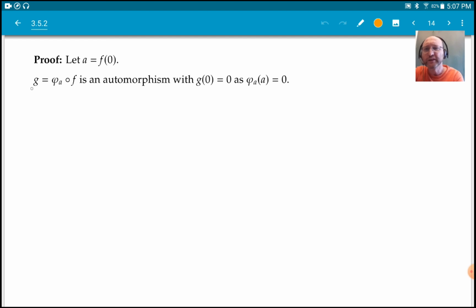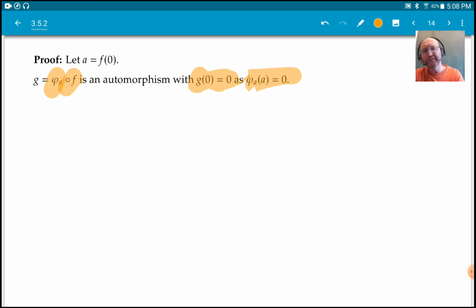Now if we take this A and look at phi sub A, and we compose with f, that gives us a g which takes 0 to 0, right? Basically, f takes 0 to A, and phi sub A takes A to 0. So we have this g, and this g is an automorphism.